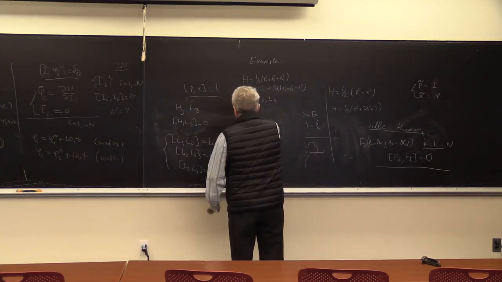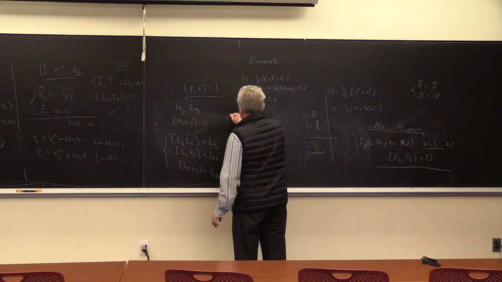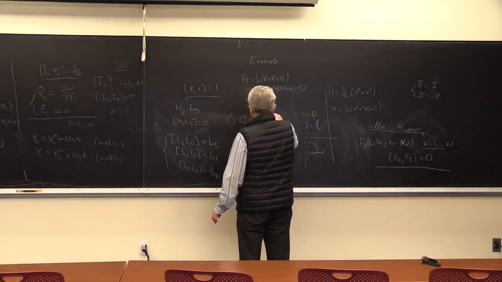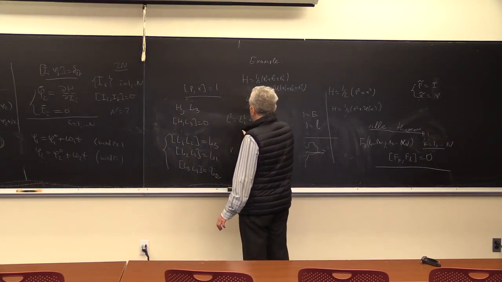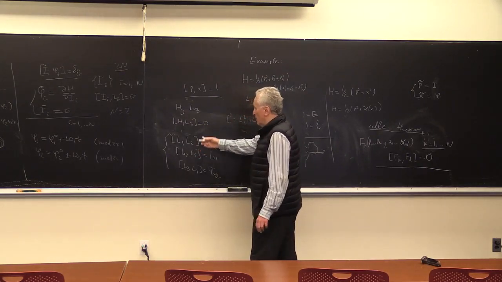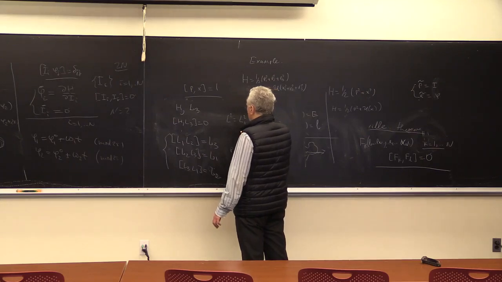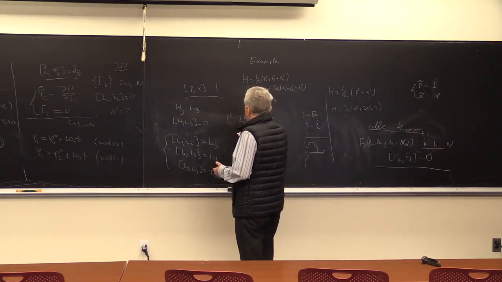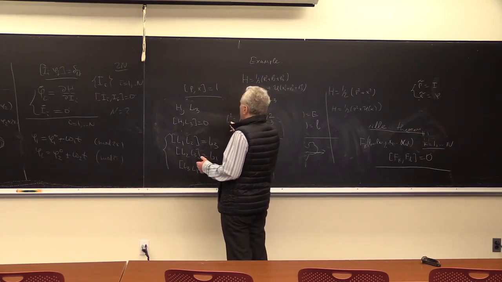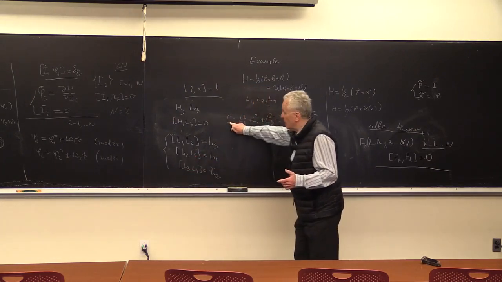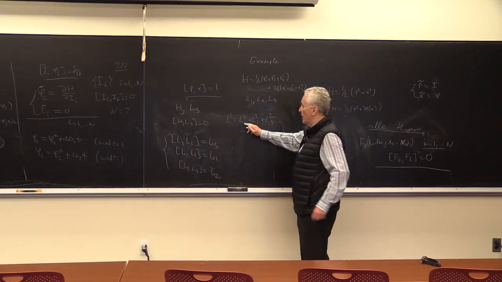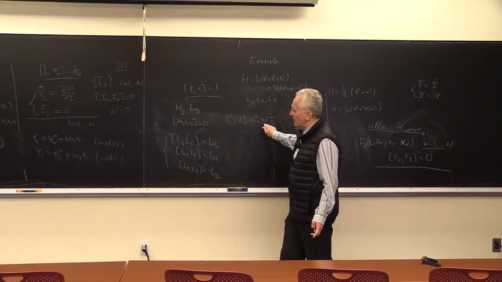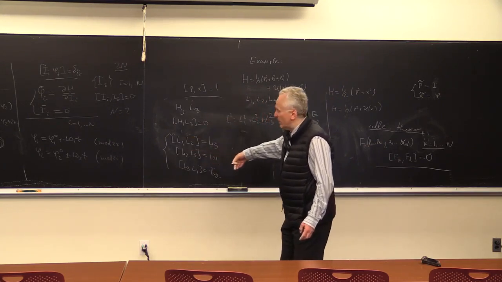If you take L1 squared plus L2 squared plus L3 squared, you will see that it commutes with the Hamiltonian. That is obvious, because each of these is time independent; they all commute with the Hamiltonian.